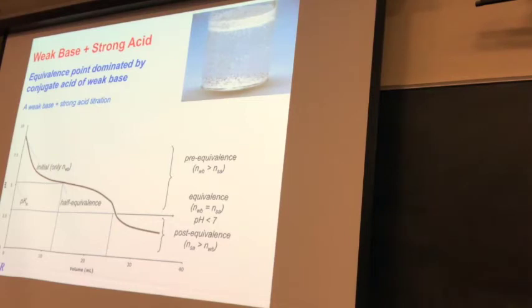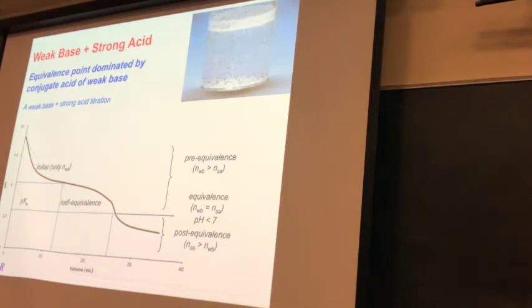The last kind of titration that we're looking at is when you have a weak base plus strong acid. So if you had ammonia, or any of the amines, they would be really good weak bases. And there are similarities between these titrations and the weak acid strong base we just looked at.